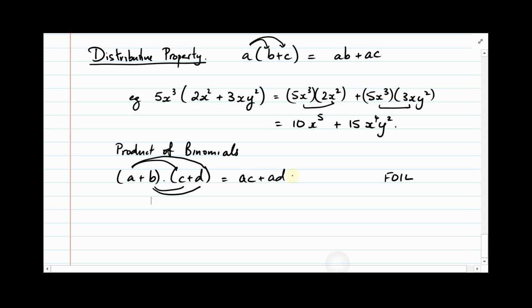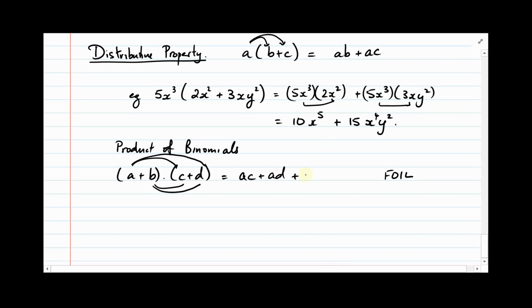You're exhausting each of the products, plus bc plus bd. If we look closely, this is a product of the first term in each binomial. This is the outer term in each binomial, so a and d, they're the extreme ends. These are the inner terms, and then the last term.